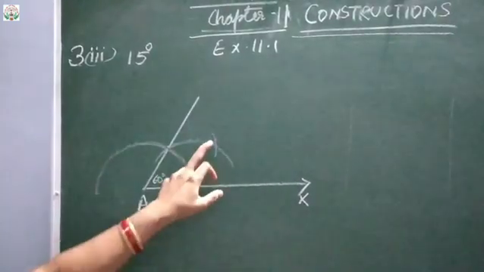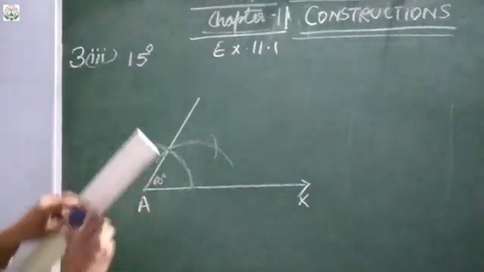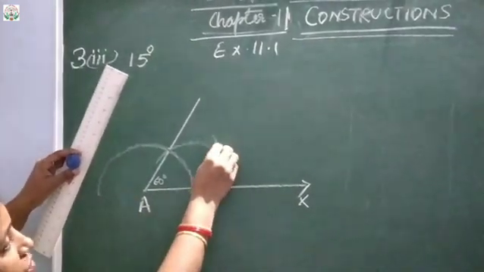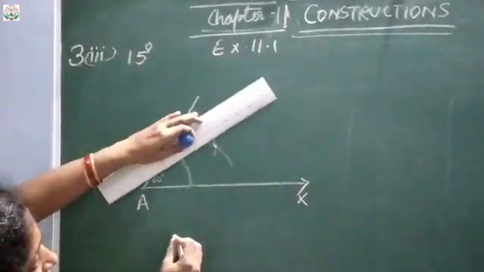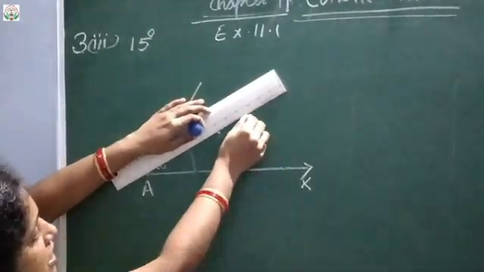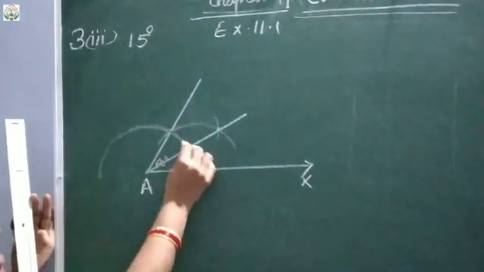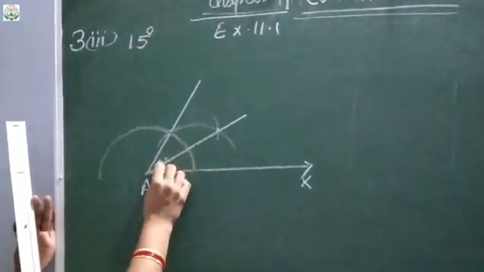Wherever the intersection takes place, join that point with the center, the point A. Now this is the angle bisector of 60 degree.